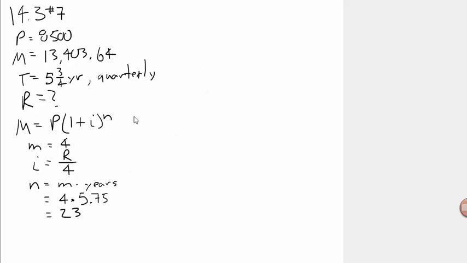So now I'm going to plug in and see what we've got. 13,403.64 equals our principal, 8,500, times the quantity 1 plus I raised to the n, and n is 23.